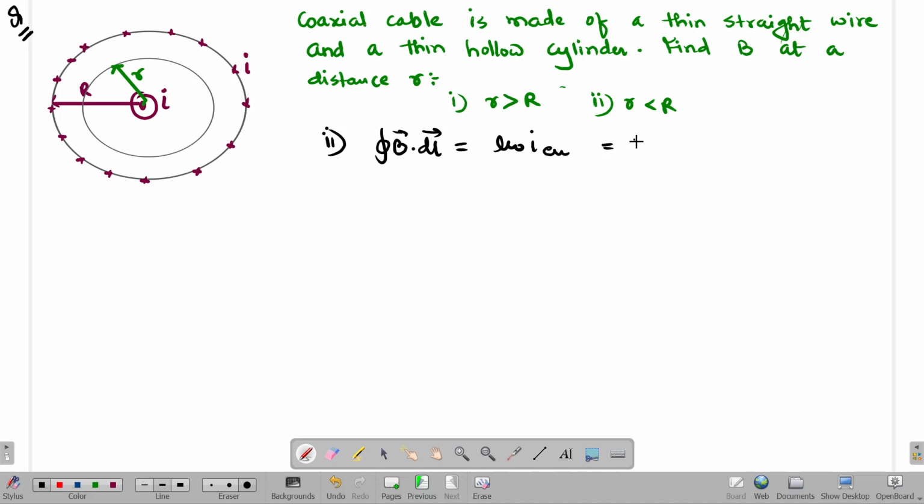So I enclosed is 0, so mu naught into 0. This means B inside is 0.